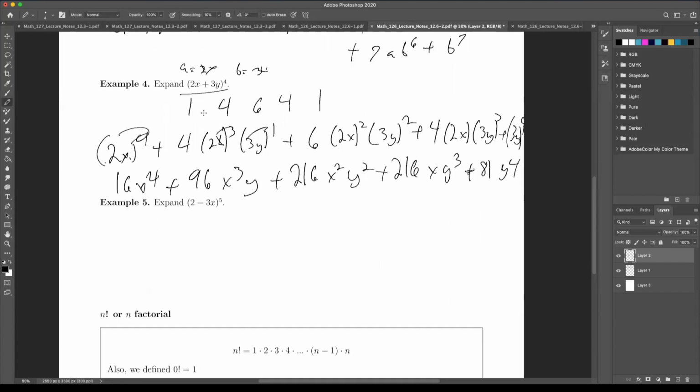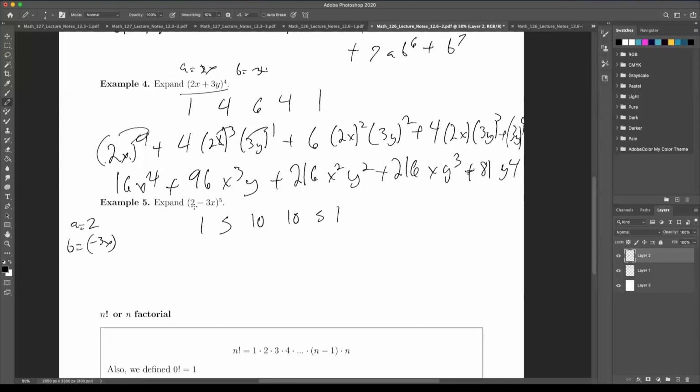All right, so our fifth one. If this is our fourth, let's go ahead and write down our fifth. The fifth would be 1, 5, 10, 10, 5, 1. So here's our fifth, and notice what a is here. A is equal to 2. B here is equal to minus 3x.